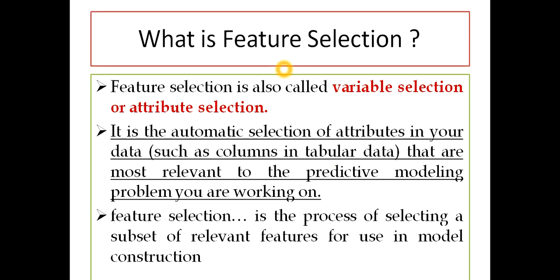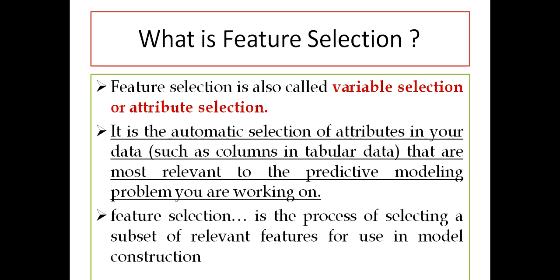Now, what is feature selection? Feature selection is also known as variable selection or attribute selection. We can define it as the automatic selection of attributes in your data, such as columns in tabular data, that are most relevant to the predictive modeling problem you are working on.